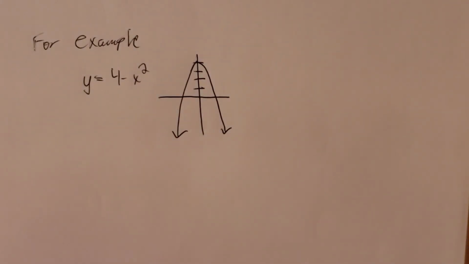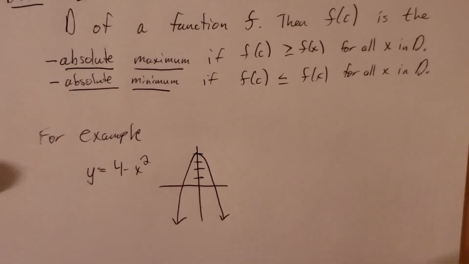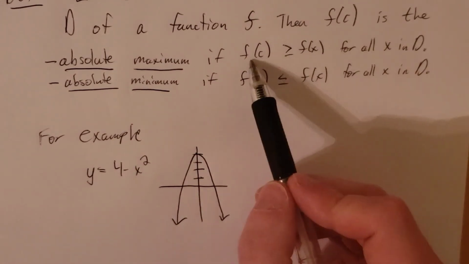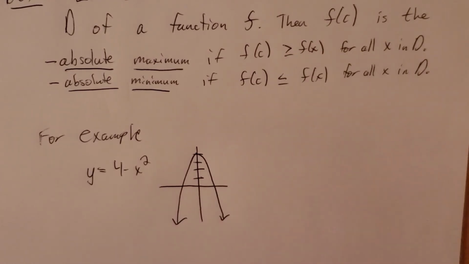And what did we just say? We just said an absolute maximum occurs where the y value is the maximum value. So this f of c is a y value. So we have a maximum at c when f of c is equal or greater than f of x for all other x in the domain.